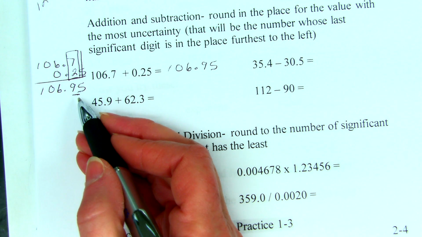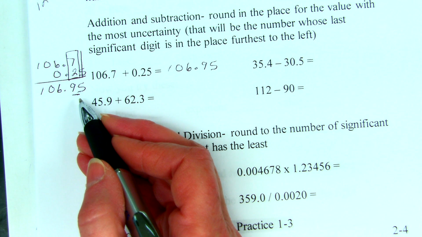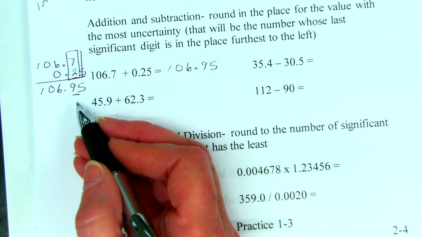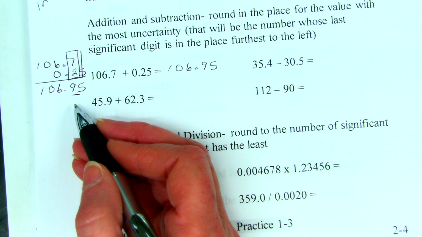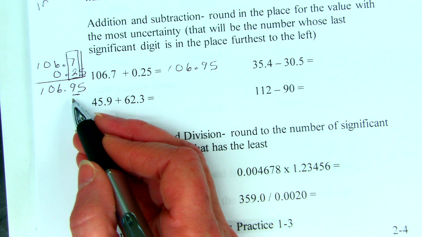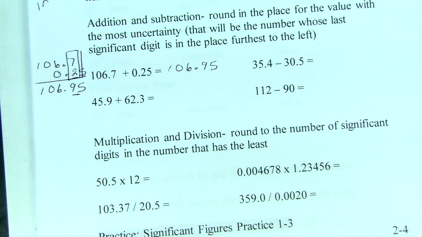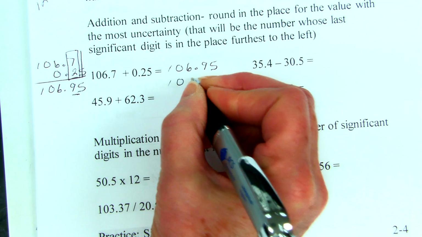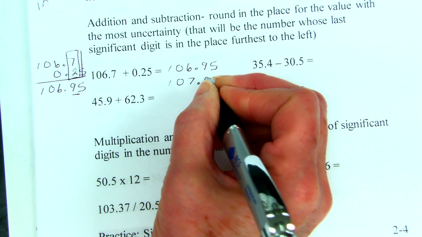So what do I do with this 5? Do I go down or do I go up? Why down? 9 is an odd number. I round to even, so I have to go up. So I would report 107.0.